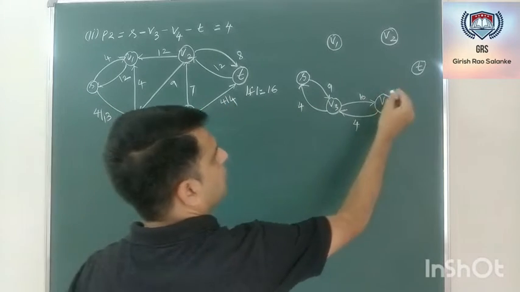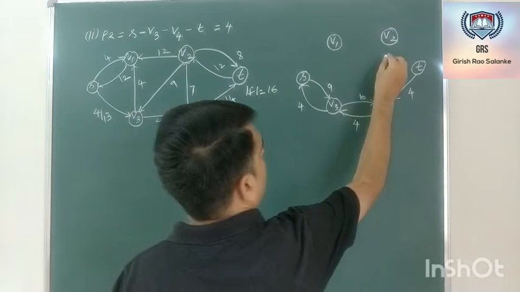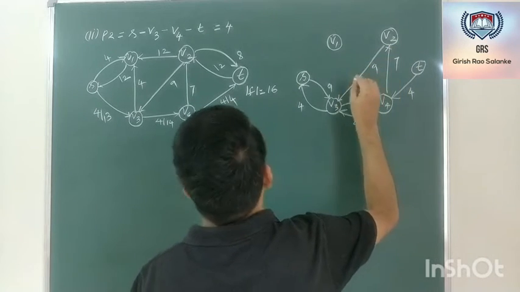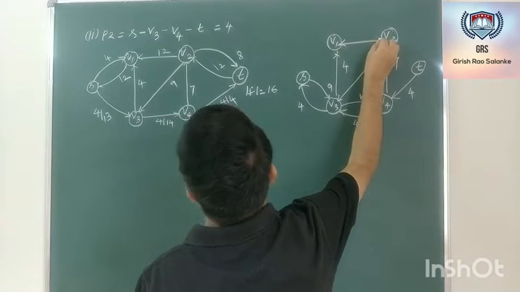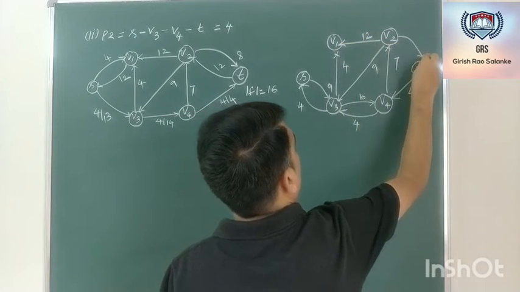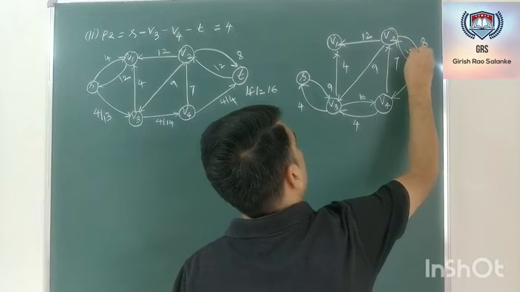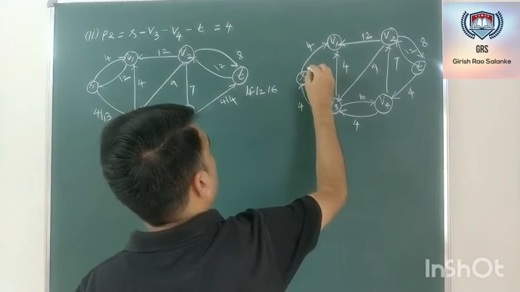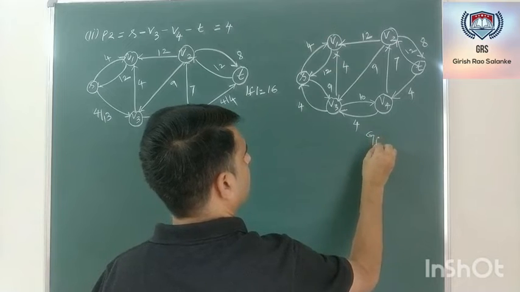This is full, so this will be a backward edge of capacity 4. Other things 7, 9, 4, 12, 8 and 12. This was 4, this was 12. So this is my residual network GS.